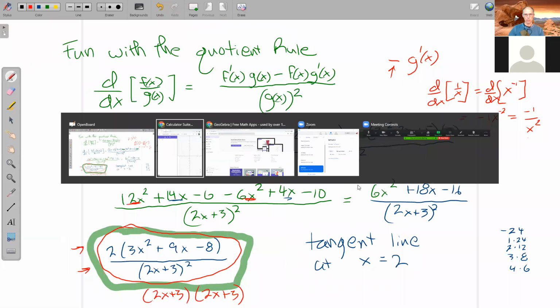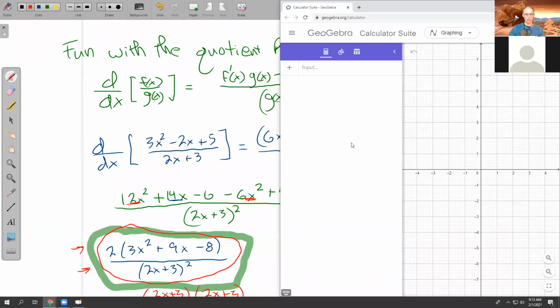All right, so my original function, I'm going to call it f of x, and that is a fraction: 3x squared minus 2x plus 5, and the denominator is 2x plus 3.